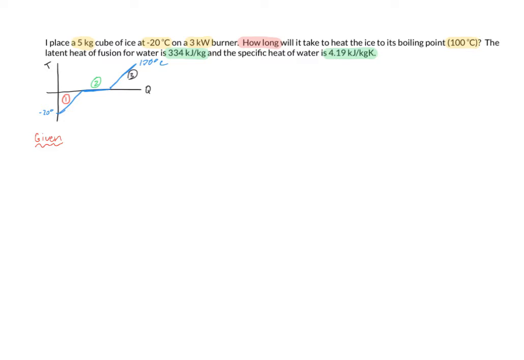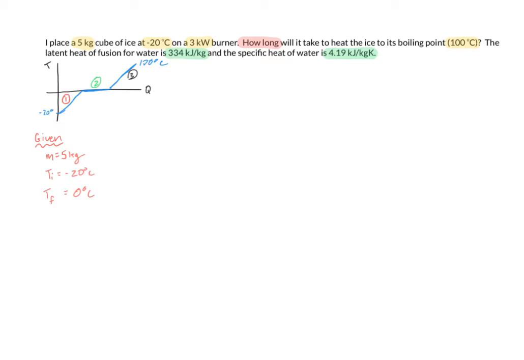So in part one, we know that the mass of the ice is 5 kilograms. We know that the initial temperature is negative 20 degrees Celsius. The final temperature is 0 degrees Celsius, again, just for part one.